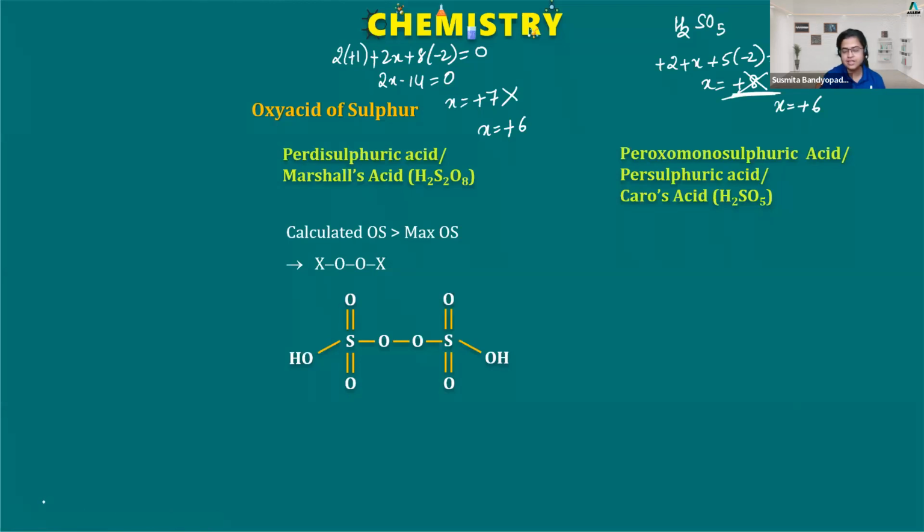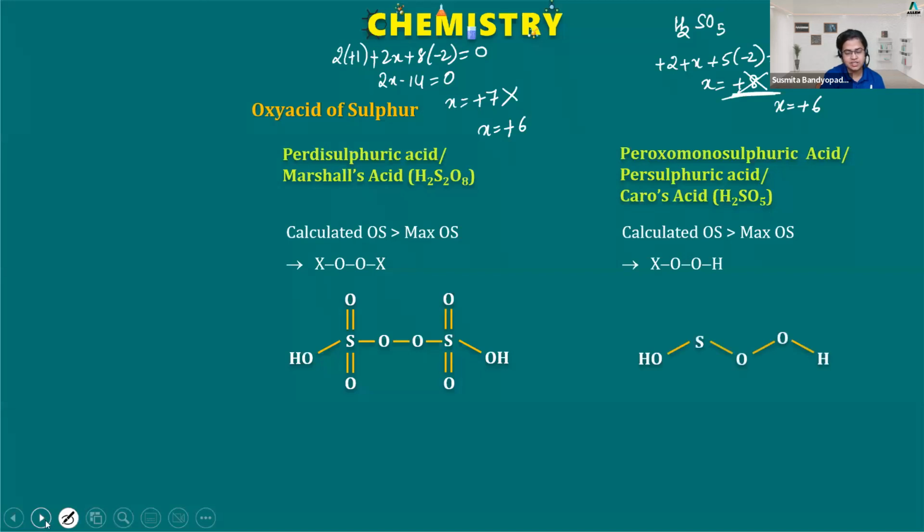Yes, we'll have to consider the maximum oxidation state. If, when you go for a theoretical calculation, you get an oxidation number that exceeds the maximum oxidation number possible for that element, like plus 5 for nitrogen because it has 5 valence electrons, or plus 6 for sulfur when it has 6 valence electrons, you strike it out and write the answer as the highest oxidation state. Yes.